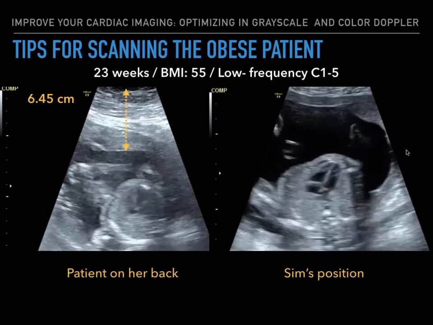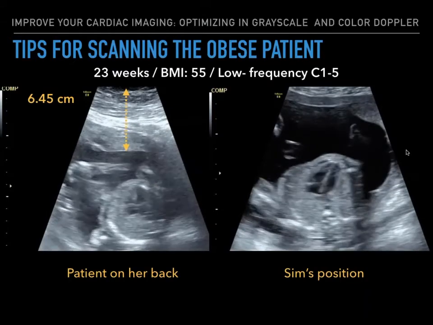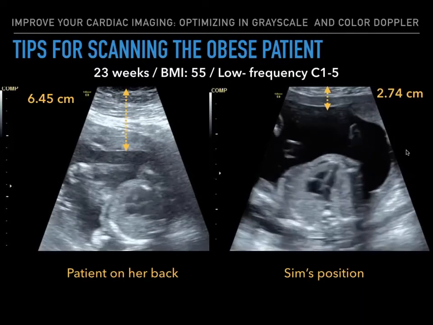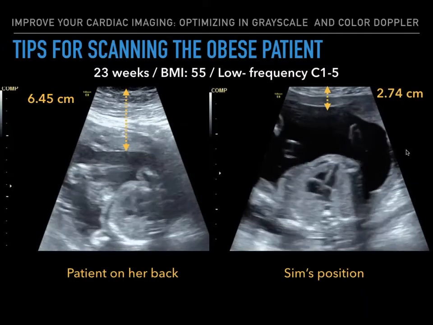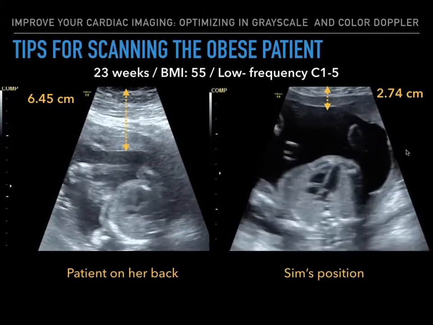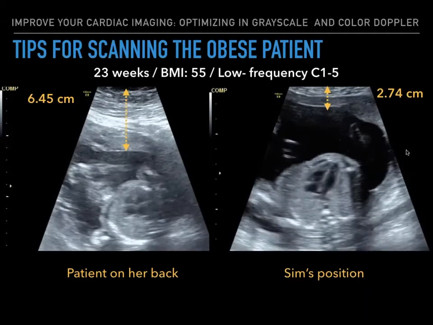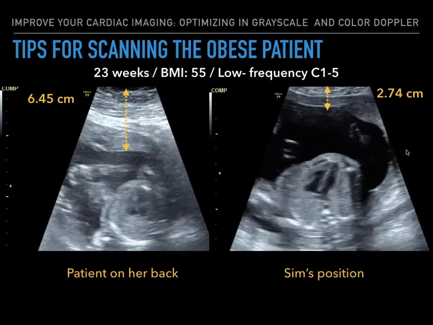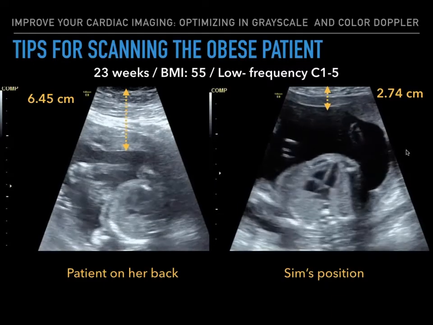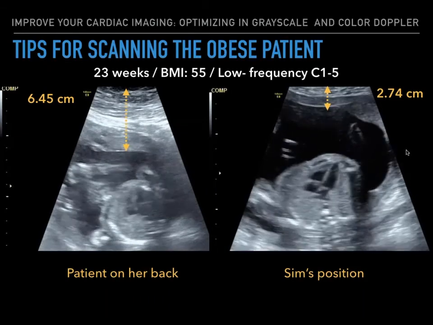But when we have the patient turn over towards her left-hand side in Sims position, now we have a decreased imaging depth of 2.7 centimeters. And here you could clearly tell the difference, how beautiful the heart looks in comparison to the first clip. So it's very important to try utilizing these techniques, especially when scanning the obese patient, to produce the best optimal images.